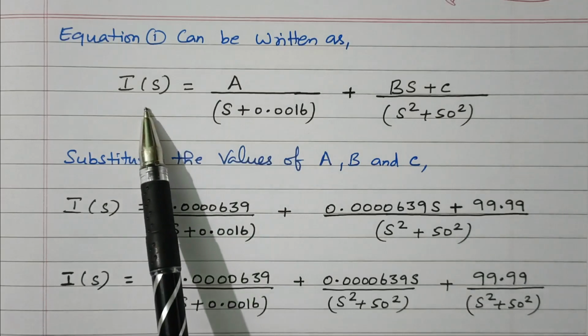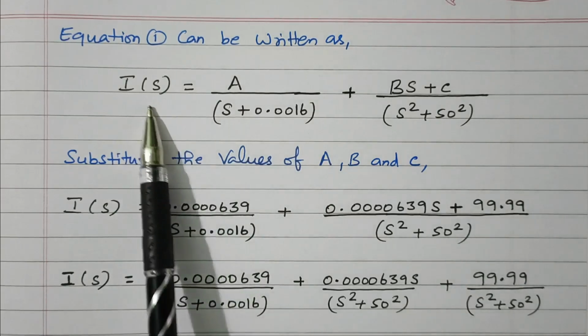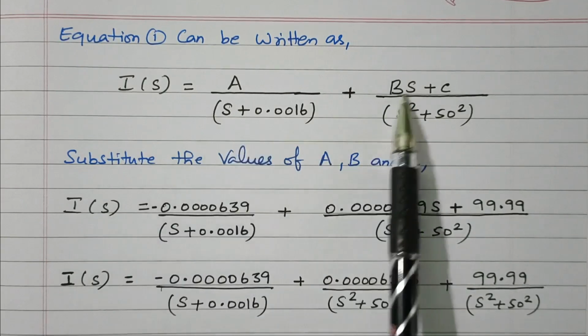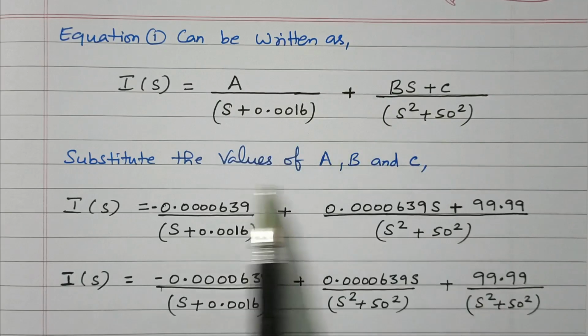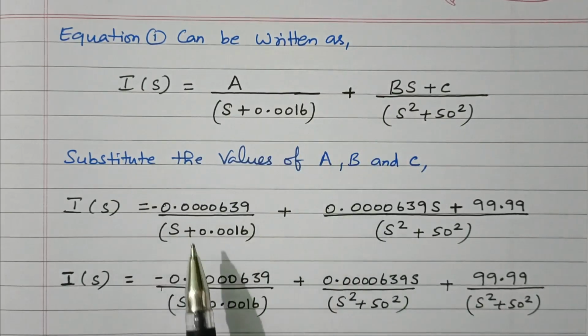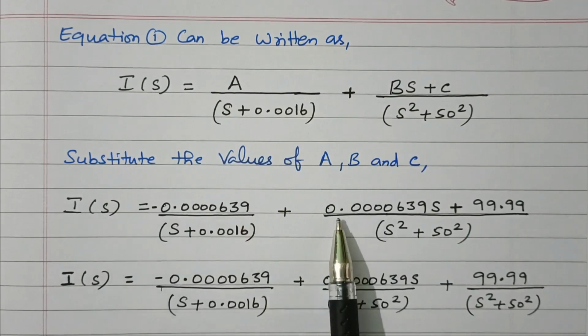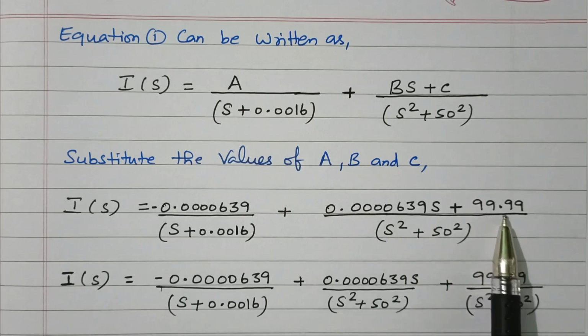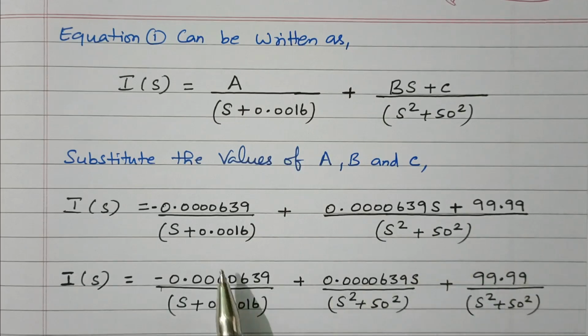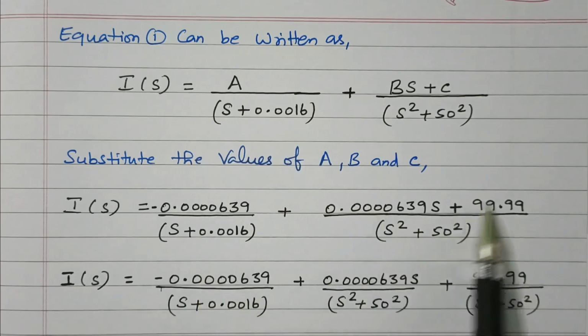So this is the equation after the partial fraction technique. A by this term and Bs plus C divided by this term. Now we got the value of A, B and C, so that we can substitute the value. A is minus 0.000639. B is plus 0.000639. C is 99.99. Right. So now we can split these two terms. Here only one term available, so it is splitted.